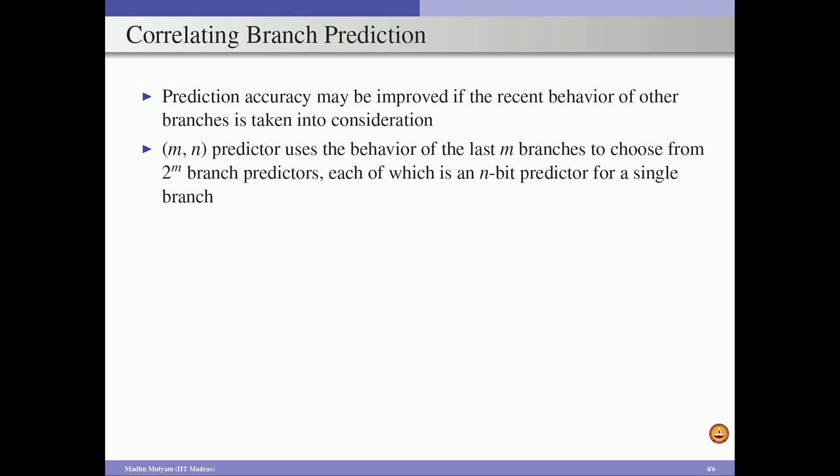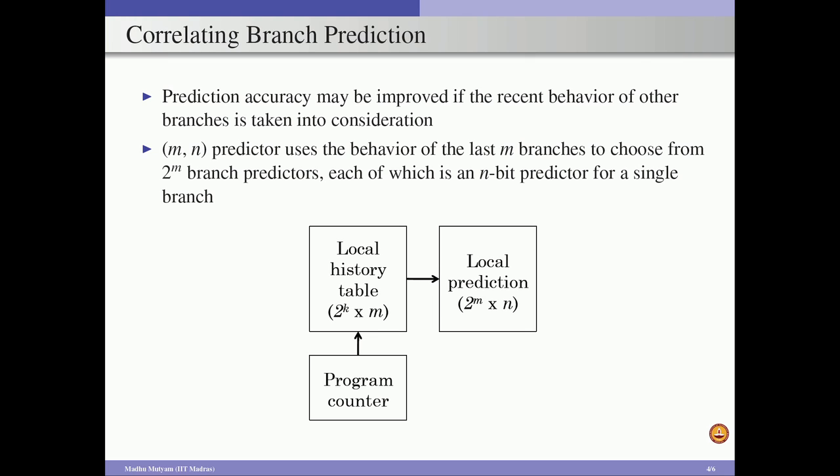So, the history of the last m branches gives an m-bit string. Using the m-bit string we can index into a 2 power m entry table. So, we point to one entry in the 2 power m entry table, and that gives us an n-bit value, and using that n-bit value we predict whether the branch is going to take place or not. So, pictorially this 2-level branch predictor can be represented something like this.